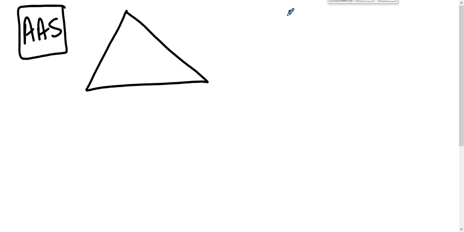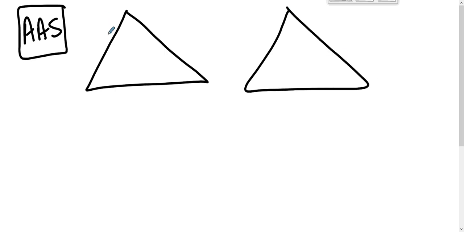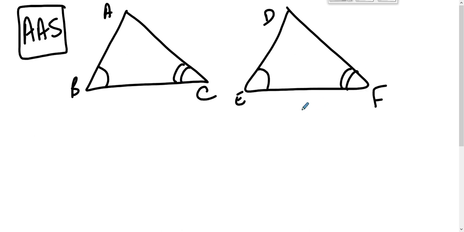If I may, in an example video, I'm going to set up the angle angle side. I'm going to take care of this in another video. If angle angle side happens, angle B is congruent to angle E, angle C is congruent to angle F, AC is congruent to DF, and we play the same game.